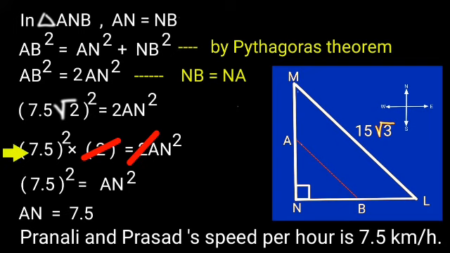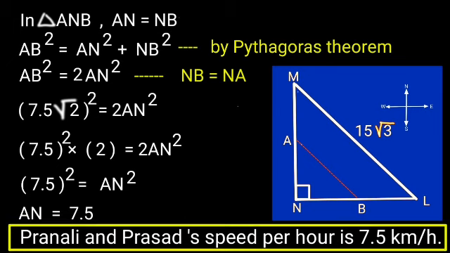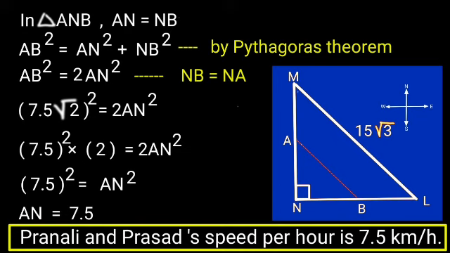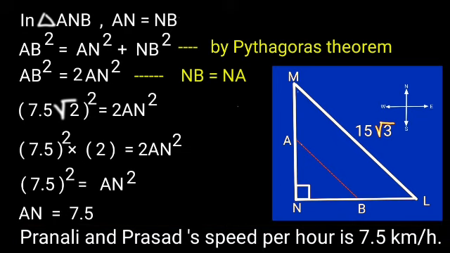Taking the square root of both sides, we get AN is equal to 7.5. The negative root is not taken here because speed is positive. Hence, Pranali and Prasad's speed per hour is 7.5 km per hour.